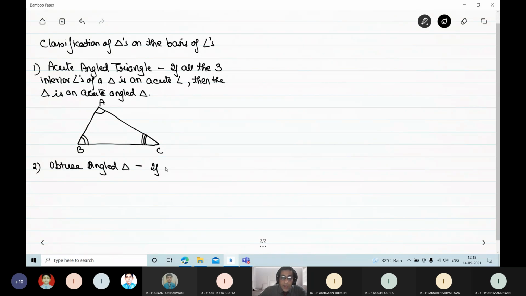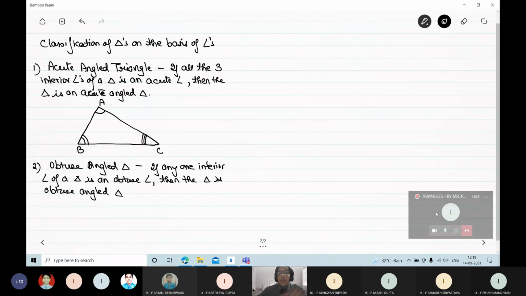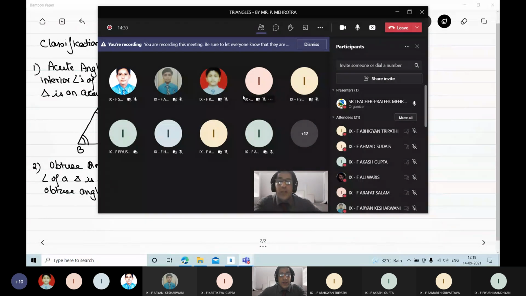If any one interior angle of a triangle is an obtuse angle, then the triangle is an obtuse angled triangle. That means there can be only one obtuse angle. There cannot be two obtuse angles in a triangle, children. Why? Because we know that the sum of all the angles of a triangle is how much?